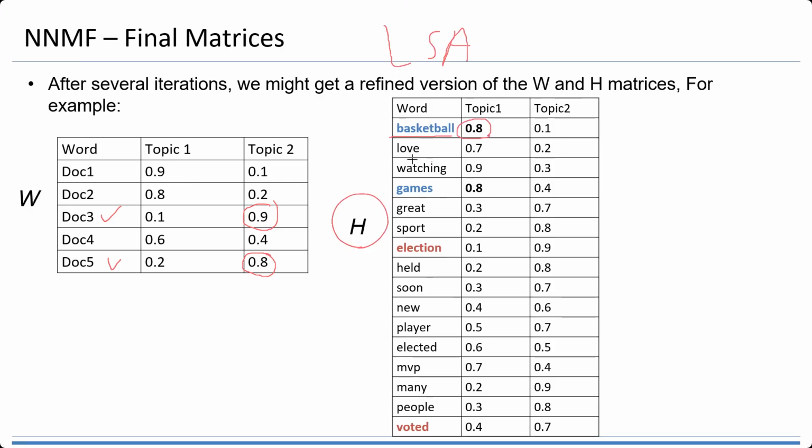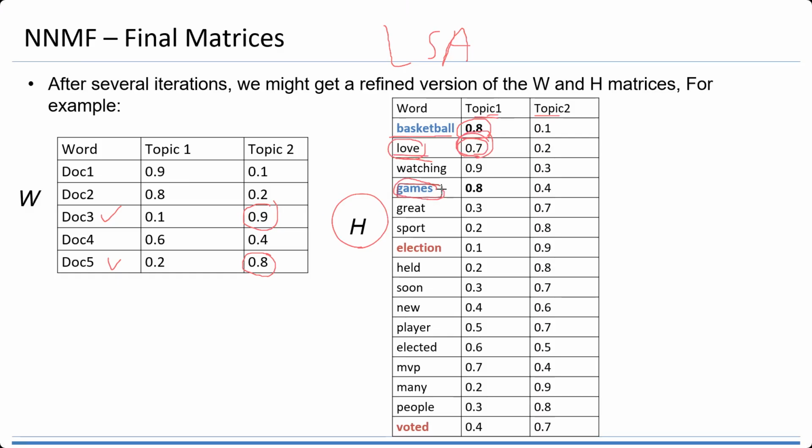The word love is also more in topic 1, but it is ambiguous, because love can be in topic 1 or topic 2. Here, maybe because most of the documents related to topic 1 use the word love, it becomes higher on topic 1.